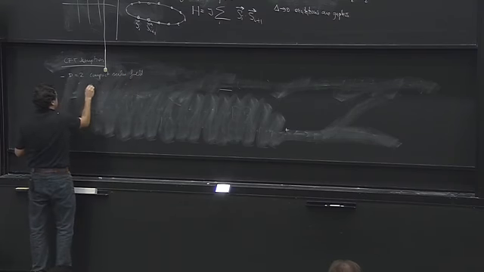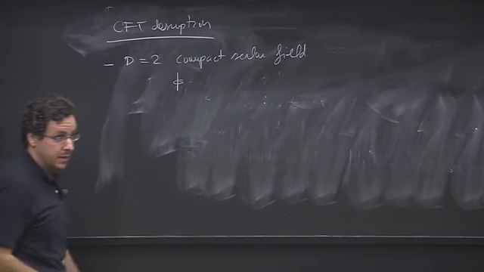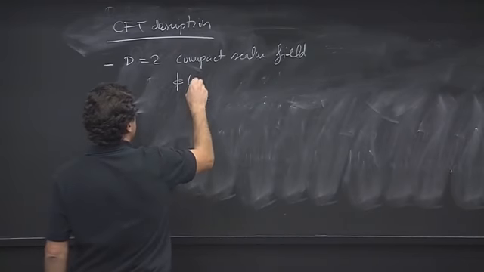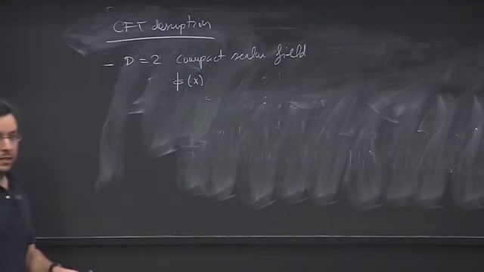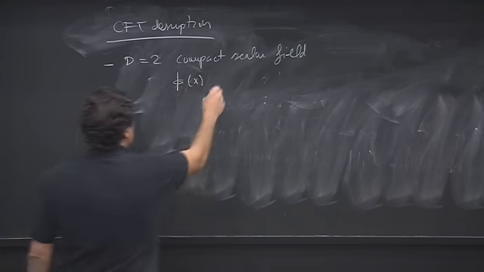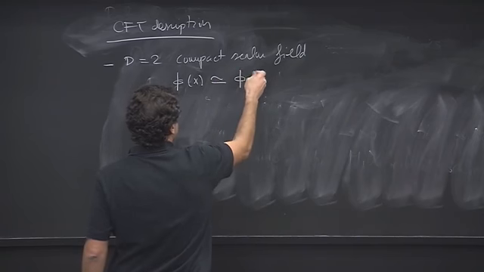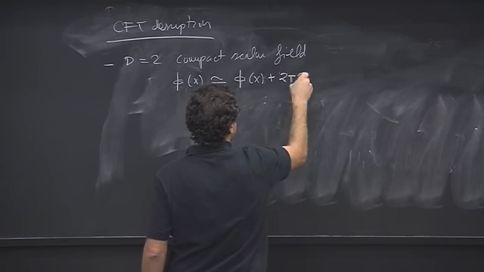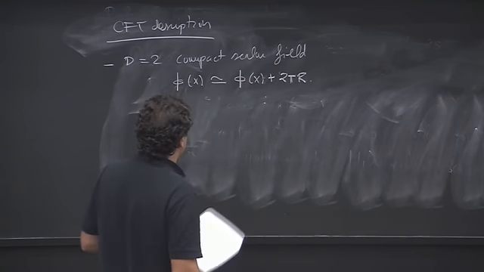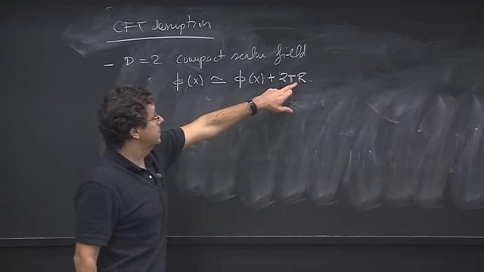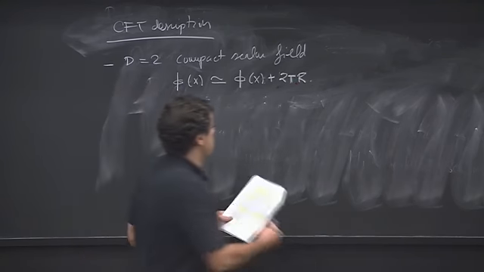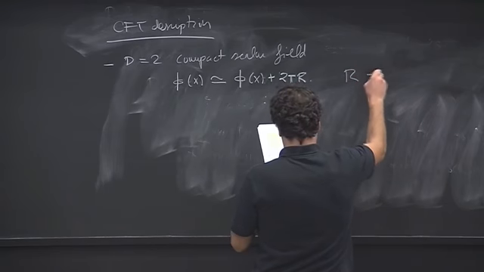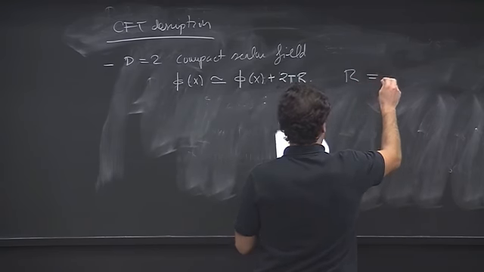So you're going to have a scalar field in 2 dimensions, phi. Phi is a scalar field. It's a function of x. But it doesn't live on the line. It lives on a circle. Okay? So you have periodic boundary conditions on the circle. But it's periodic with a very specific periodicity, where this radius is exactly 1/√2.